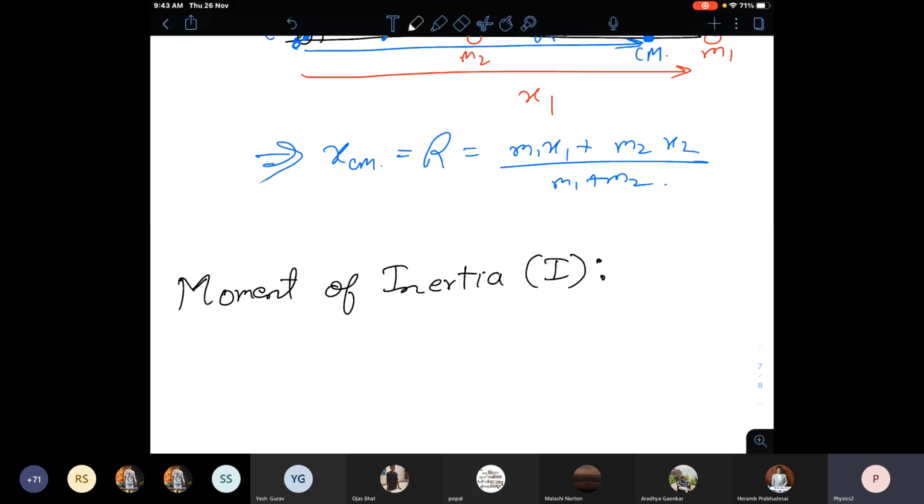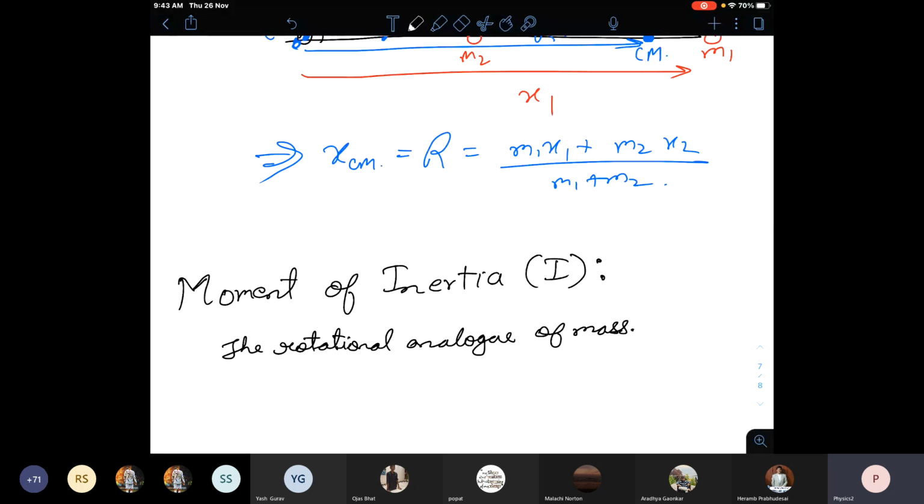Acha, now what is moment of inertia? If you write the definition, it is written as the rotational analog of mass. Moment of inertia is the rotational analog of mass. That means what?